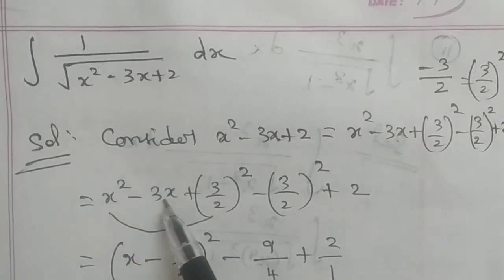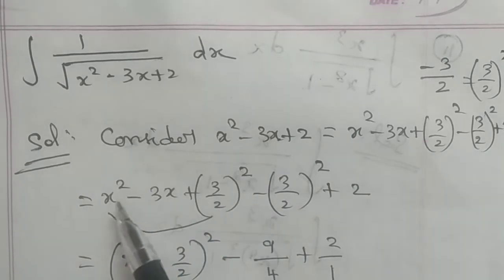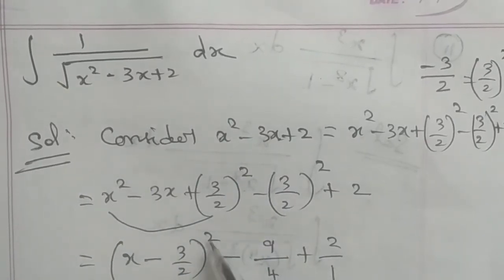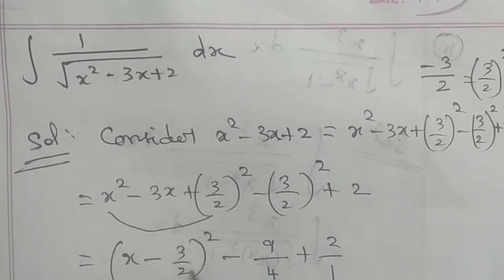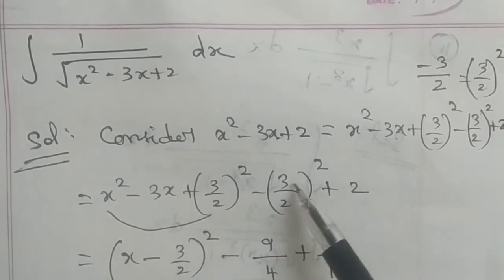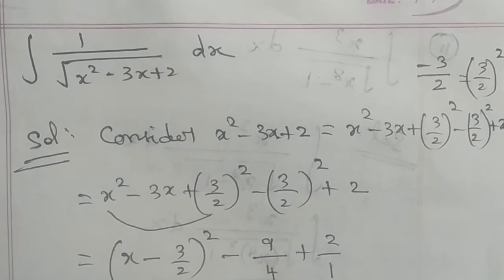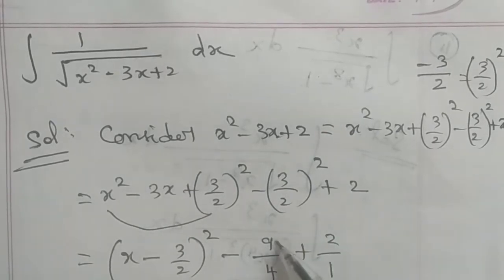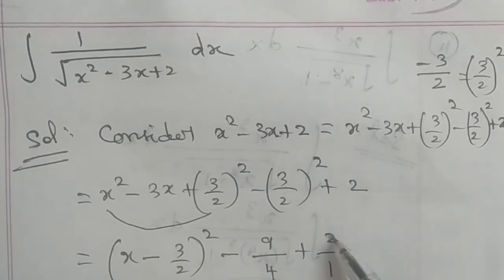So it is in the form of a minus b the whole square, a square minus 2ab plus b square. A value is x and b value is 3 by 2. So x minus 3 by 2 the whole square, minus 3 square is 9 by 2 square is 4, so minus 9 by 4, plus 2 by 1.